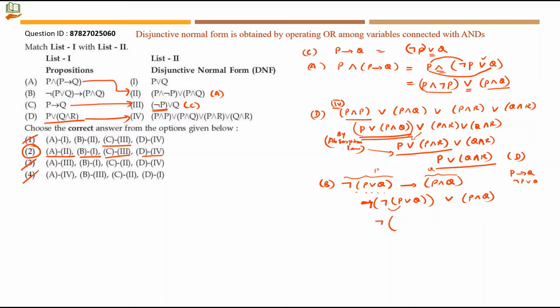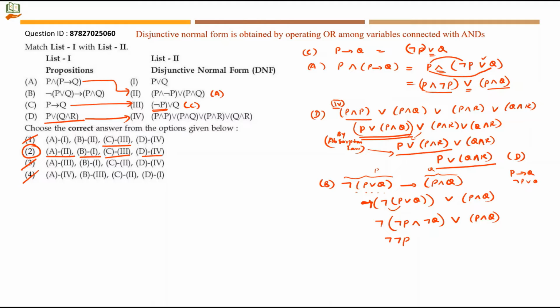Now let's apply this negation inside. Negation P, when I bring negation to OR, this becomes AND, and then negation of Q or P and Q. And now I have to bring this negation inside again.